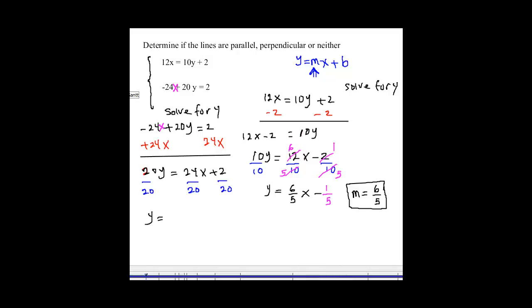24. Let's reduce that. We can write this half of that would be 12. Let's do it here. That would be 12. And that would be 10. Then do it again. That would be 6. That would be 5. We can do it in one step.